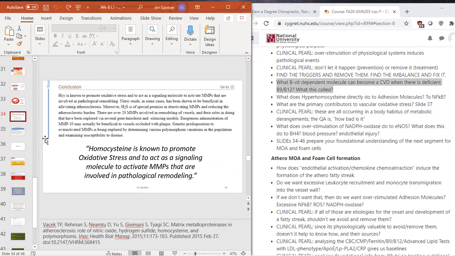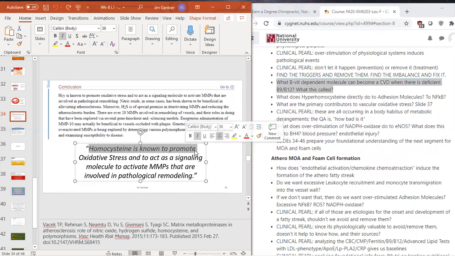So one of the most important things to know is that homocysteine directly causes the overexpression of adhesion molecules. It is one of the ways that hyperhomocysteine is a cardiovascular disease, clot, and thrombus risk.